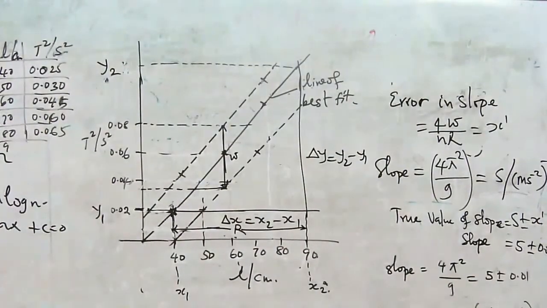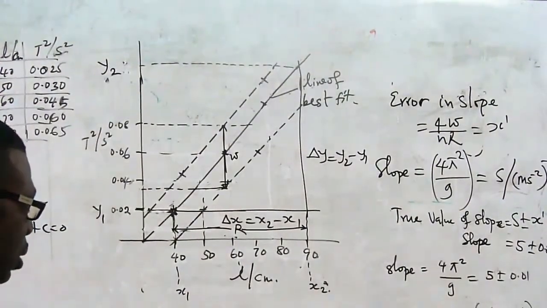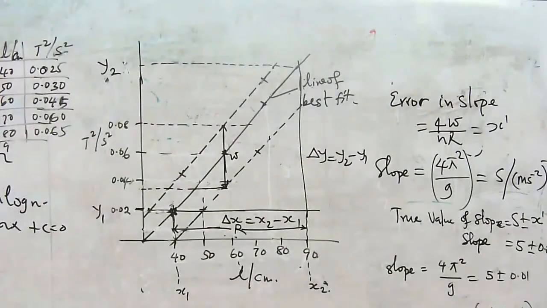So my g now will be given from this. The true value of g ranges between this value.